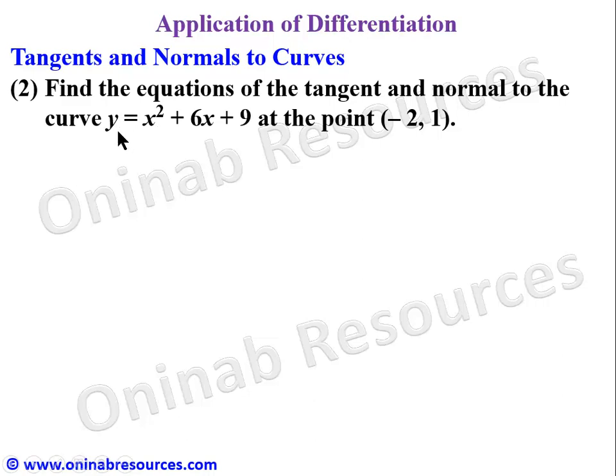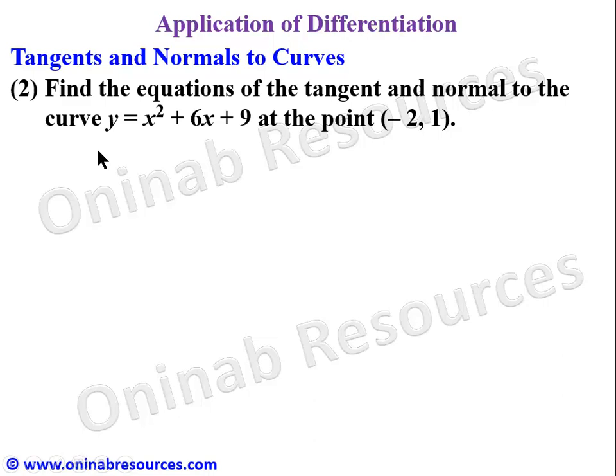So we are going to find the first derivative, which is the gradient function of this curve, and put in the value of x, which is negative 2, into the gradient function to give us the gradient of the curve at the point negative 2, 1.